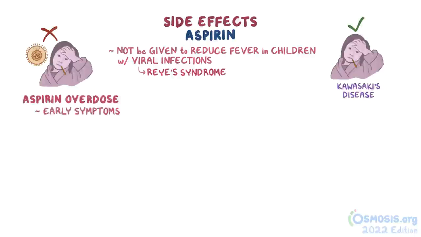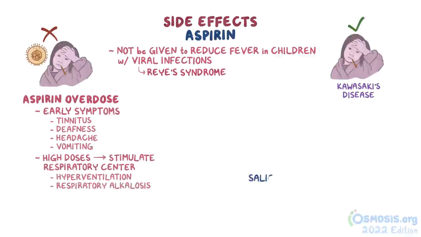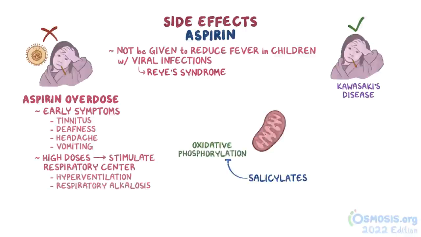Early symptoms of salicylate poisoning include tinnitus, deafness, headache, and vomiting, while at high doses, salicylate can directly stimulate the respiratory center and cause hyperventilation and respiratory alkalosis. Moreover, as the dose increases, salicylates start to inhibit oxidative phosphorylation, which is used to generate energy in the aerobic pathway.